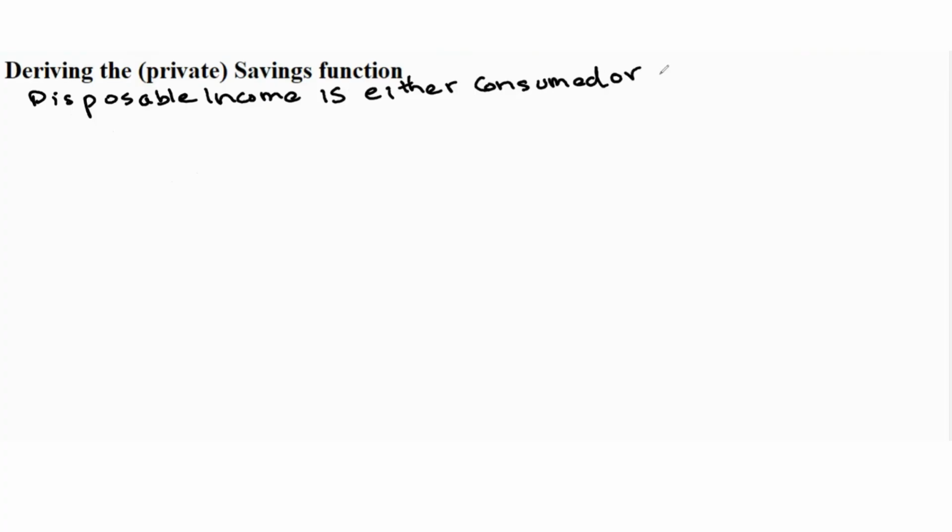We want to derive the private saving function. For this, let's keep in mind how disposable income is either consumed or saved by households. So disposable income is either equal to C, consumption, or you can save it, right?